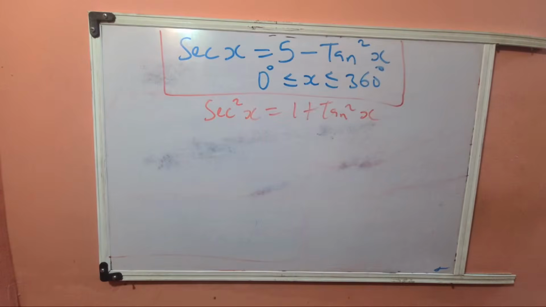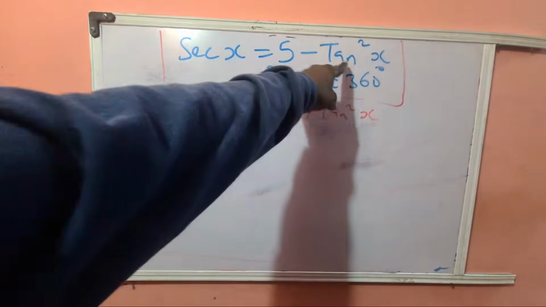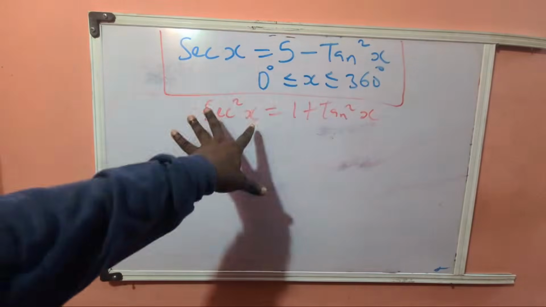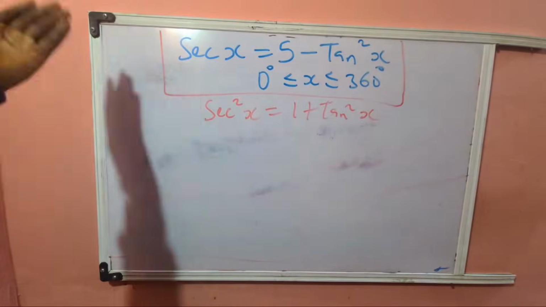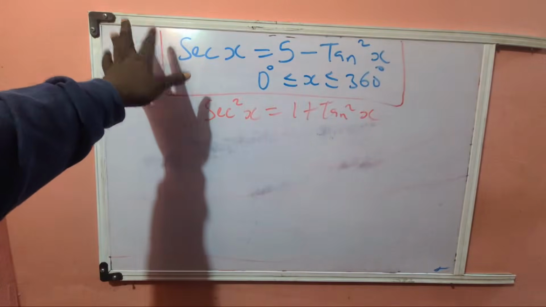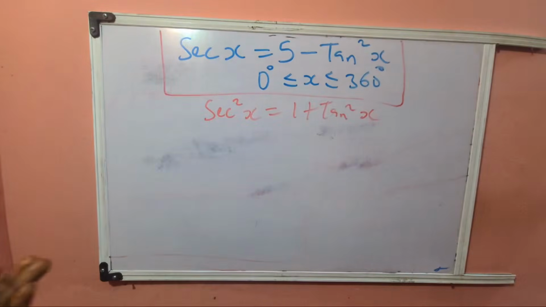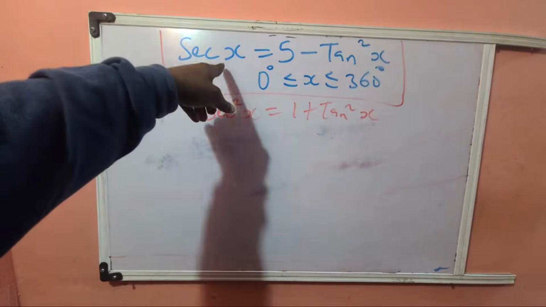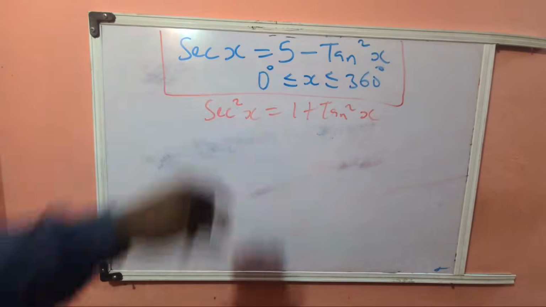So if this is the case, what do we do here? Don't forget, this is not sec square x, this is sec x. So it makes more sense to change tan square x to make everything have sec x. Don't forget, the whole idea is to bring everything to just one trigonometric function. So which one are we going to bring it to? In this case, it's far more feasible to bring everything to sec.